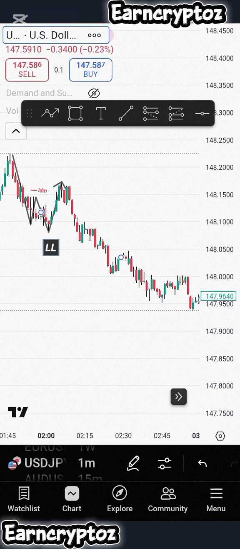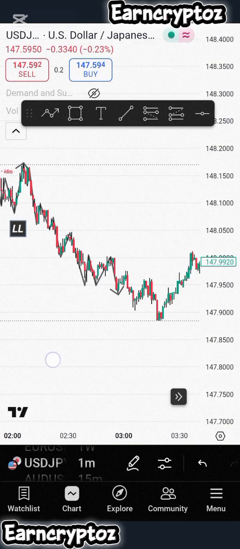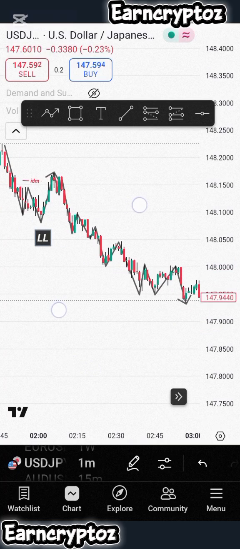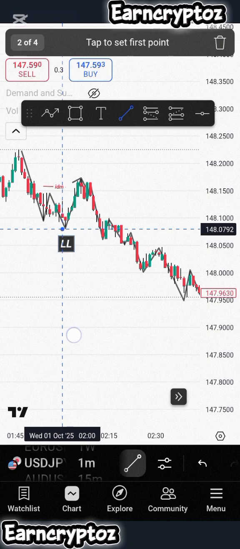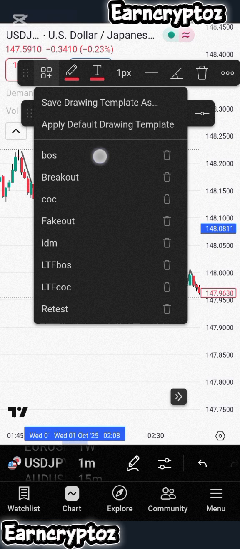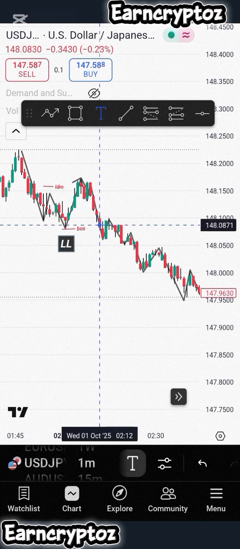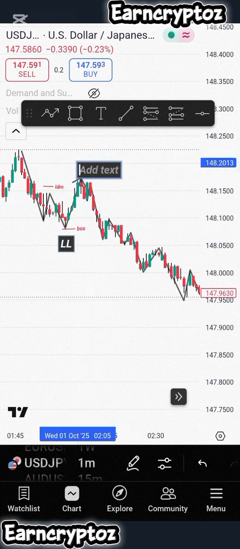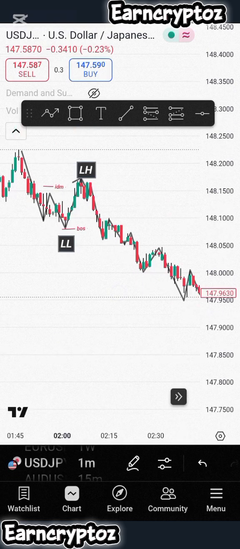So then we add this continuation move. So that's continuation move. So this continuation move now has created a break of structure, a valid break of structure right here. Right? So that's a valid break of structure. So the continuation move is number 5, the break of structure is number 6, and number 7 is up here where we label the lower high. So can you see that?